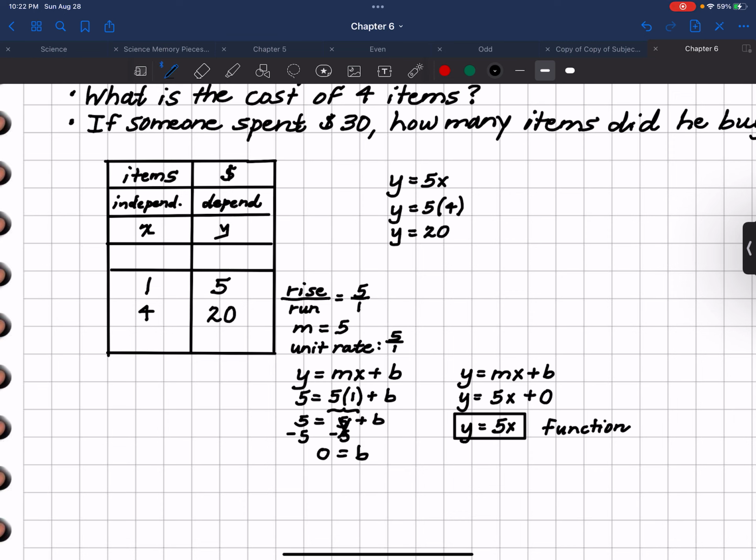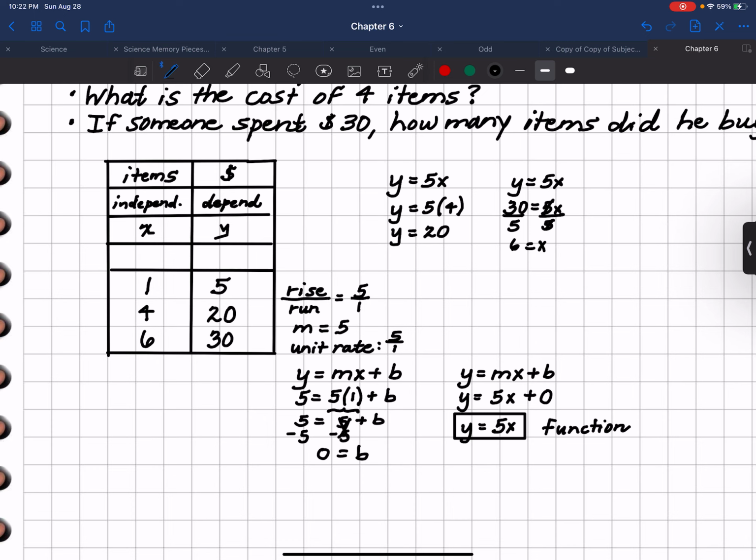What if y is 30? That means x is 6. Okay, so once you get the function, the rule that applies to this problem, you can put in any input you want and get the answer you're looking for.